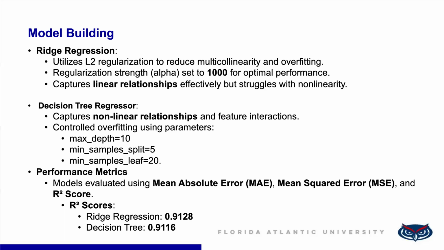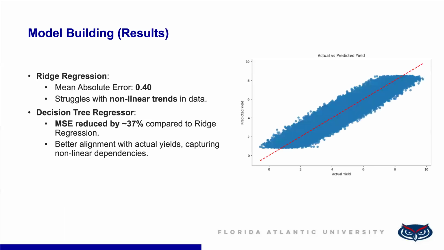We have utilized the mean absolute error, mean square error, and R2 score as the performance metrics to evaluate the supervised machine learning models. For the supervised machine learning models, the decision tree showed us the R2 score of 91.16, and the ridge regression showed us the R2 score of 91.28.